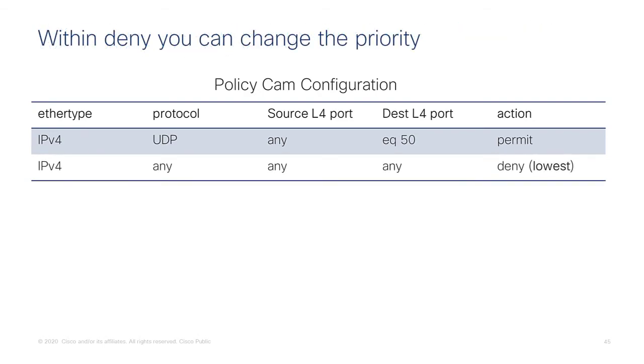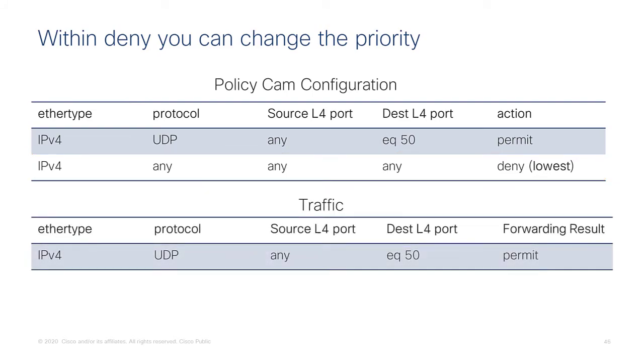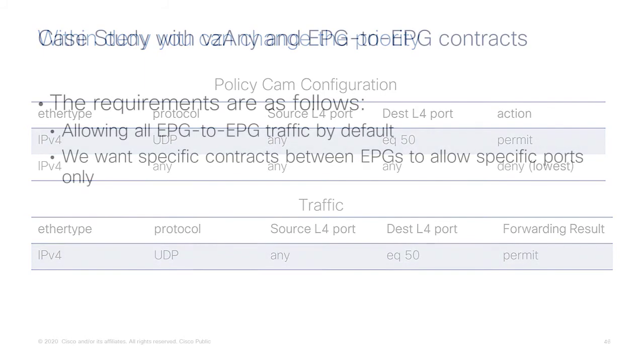But what if I want to create a catch-all deny within my contract? In this case, you can change the priority of the deny and give it either the medium priority or the lowest priority. And in this case, when you send traffic with destination port 50, the traffic is permitted because it hits the first rule, and the first rule has priority 7 versus the deny rule, which has a priority of 17.